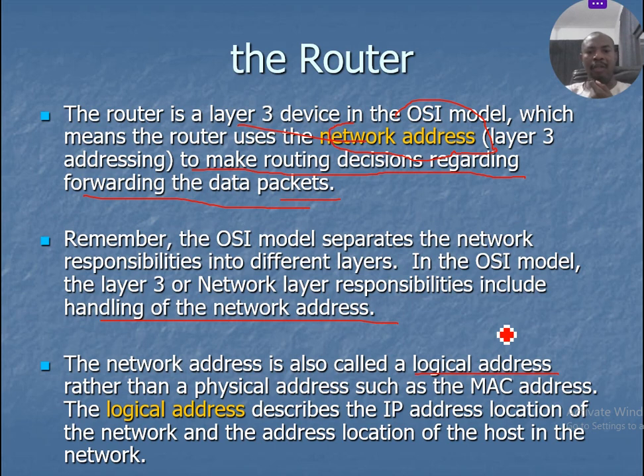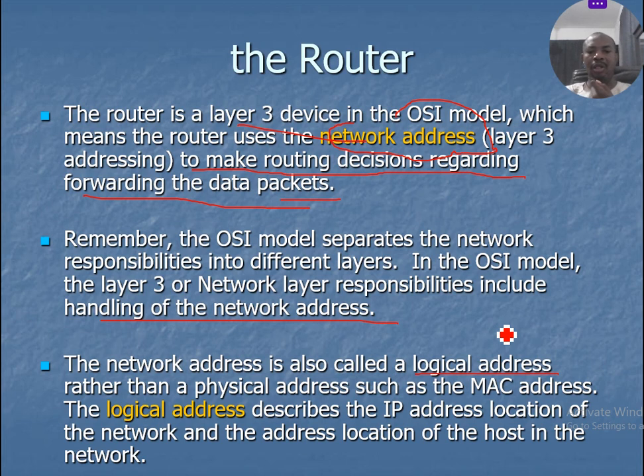But the network address belongs to layer 3, the router's layer, and the network address is also called the logical address.